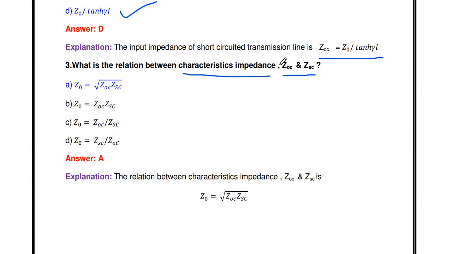Z naught is equal to the square root of ZOC into ZSC. The square root of the product of the open circuited impedance and short circuited impedance is the characteristic impedance. So the first one is the correct answer.